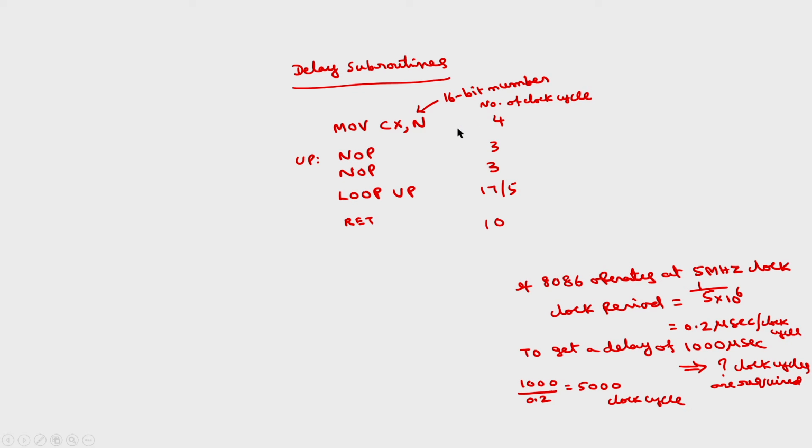If this program gives 5000 clock cycles, then this will give a delay of 1000 microseconds. This 1000 microseconds delay is required in the program that I have discussed in the previous slide. Okay. So, how many times will this particular instruction be executed? This is the number of clock cycles, and the number of times the instruction is executed.